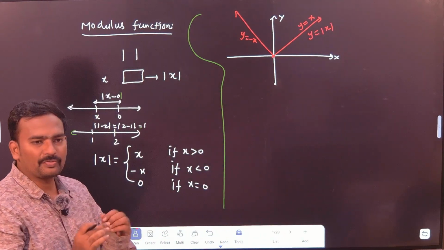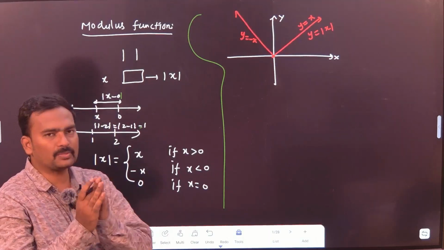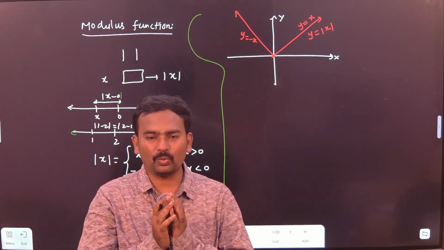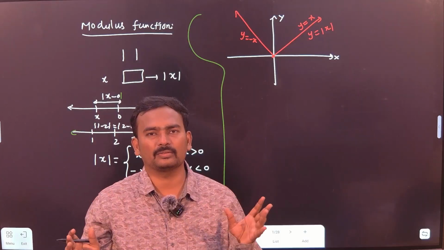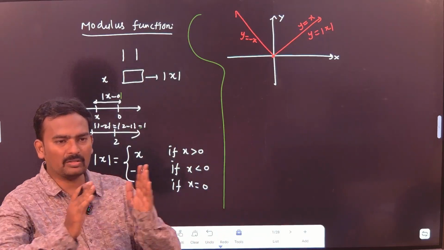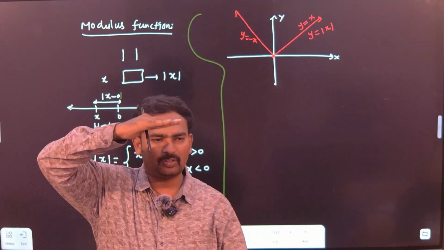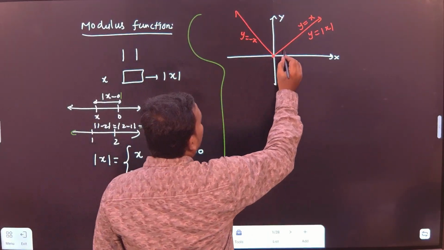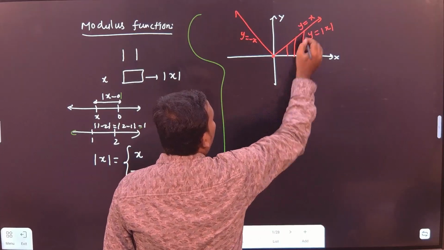What is the domain of mod x? The domain is the defined input values. The range is the defined output values, right? The input values are completely along the x-axis and the output values completely along the y-axis. So for the input, you can take any real number.